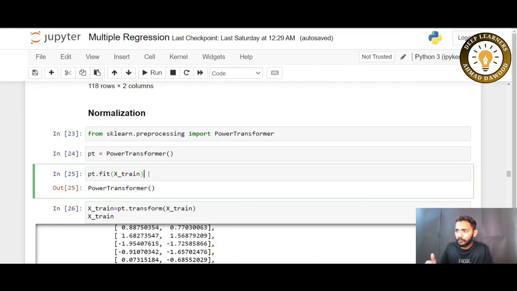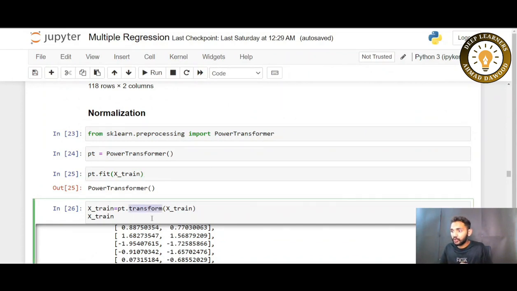But in the case of a transformer, during fit it is calculating its parameter values, like when we use the StandardScaler. During the fit part, StandardScaler actually calculates the mean and standard deviation of the variable. In this way, PowerTransformer also calculates its parameter values during the fit function. Using those parameter values, it will convert the variable in the transform function.